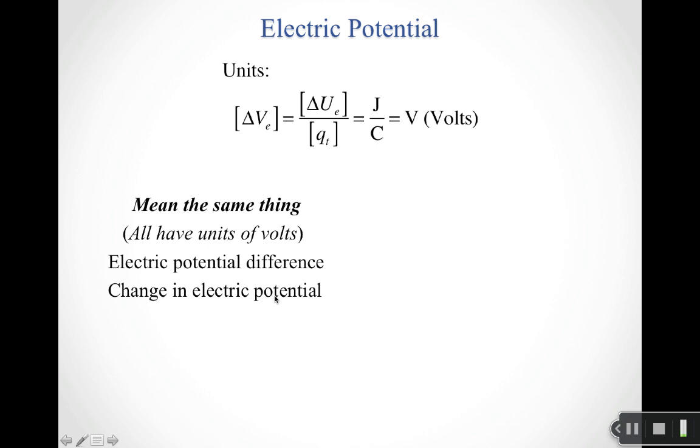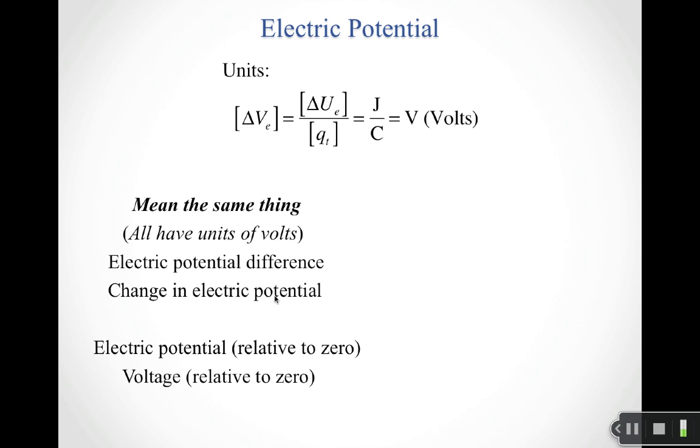Those two things mean the same thing. Once I pick a zero point, I can also talk about the electric potential. And I can talk about the voltage, just turning this unit into another way to talk about electric potential. So all four of these things get used interchangeably. They all mean the same thing.